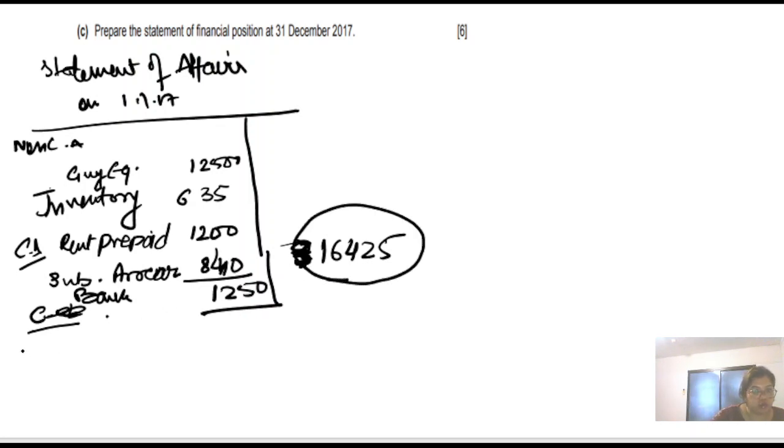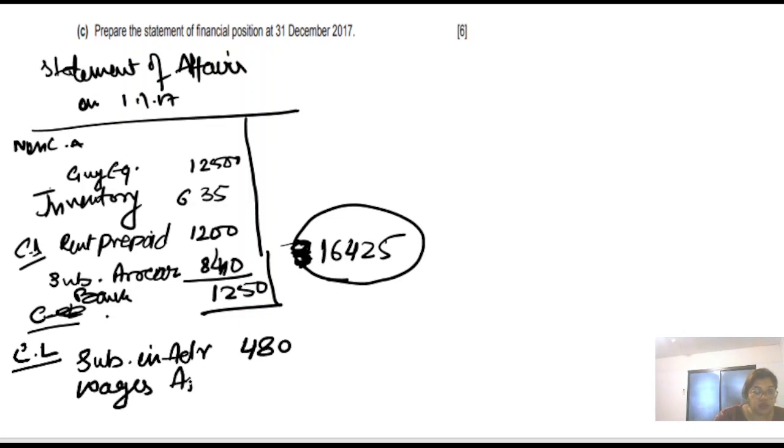Then we have to record our current liabilities. So what is our current liability? Subscription in advance, but we first use the balance given to you on 1st January 2017. Then we have wages arrear, that is 700. We have to deduct these.